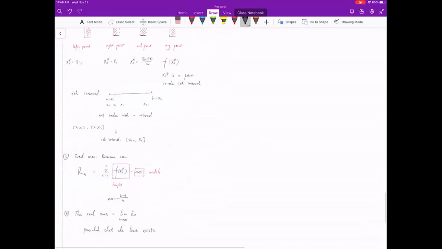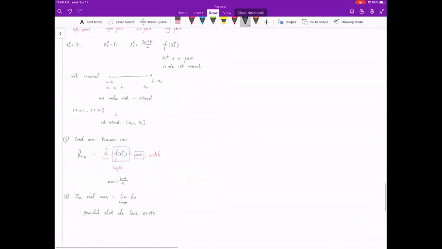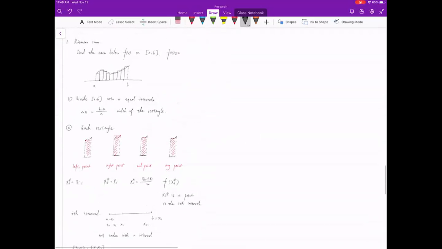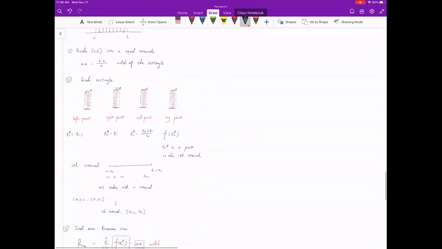Does everything make sense here? Okay, let's repeat it really quickly, and you try to repeat it in your head too. We have an interval. We divide it into 4 parts, 10 parts, whatever, n parts. For each n, it's going to be a rectangle. Each rectangle has an area, which has a width and a height.